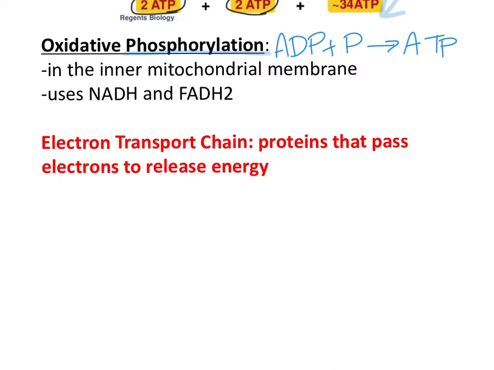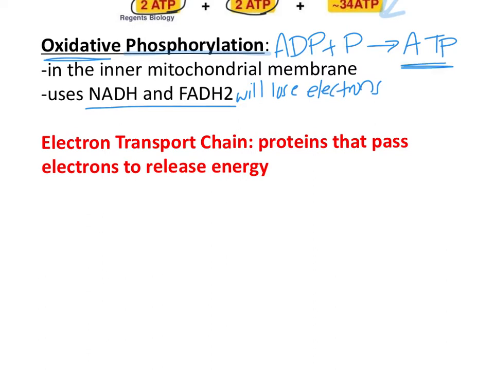The molecules that are losing the electrons and thus giving this oxidative word are NADH and FADH2. So those electron carriers will lose their electrons, and that energy will ultimately be used to make ATP.